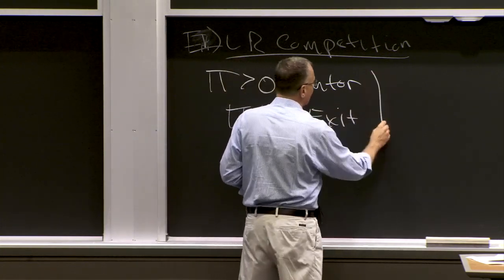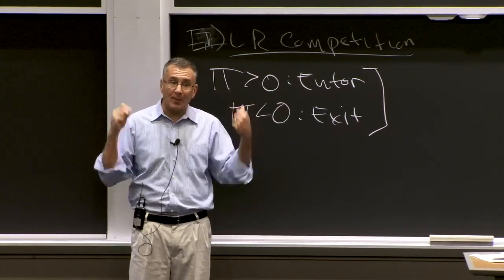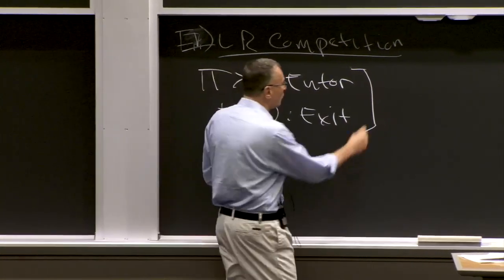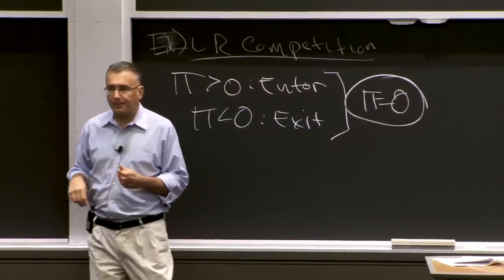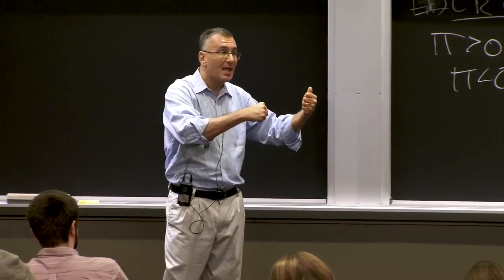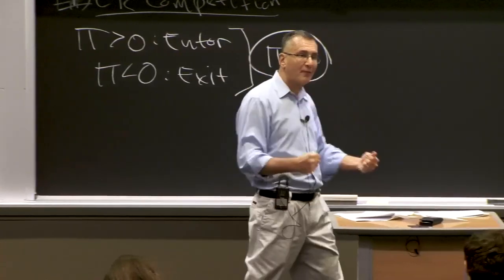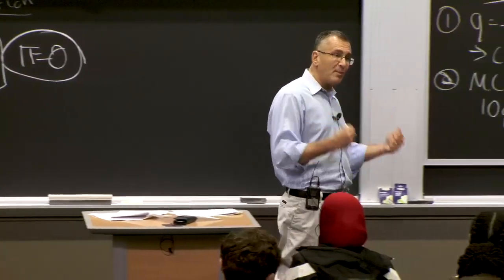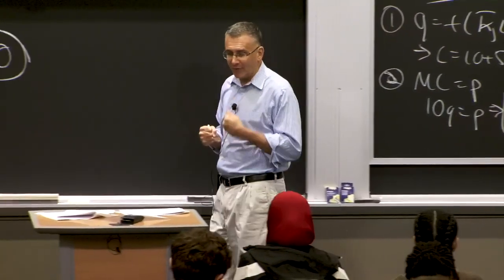And these two things together imply the fundamental rule of competitive equilibrium, that in the long run, profits are zero. Because if there's ever profit in the market, firms will come in. If there's ever loss in the market, firms will exit. And that process will continue until profits are zero. So our fundamental conclusion is the long-run competitive equilibrium features zero profits.